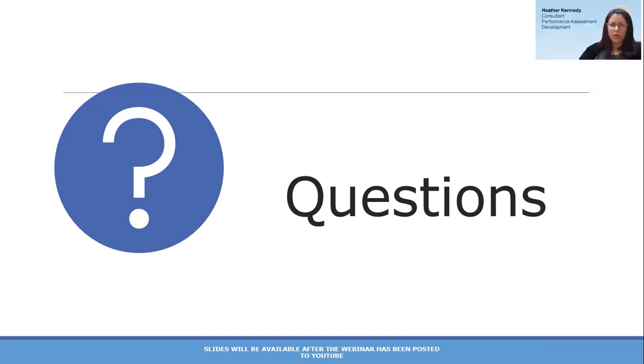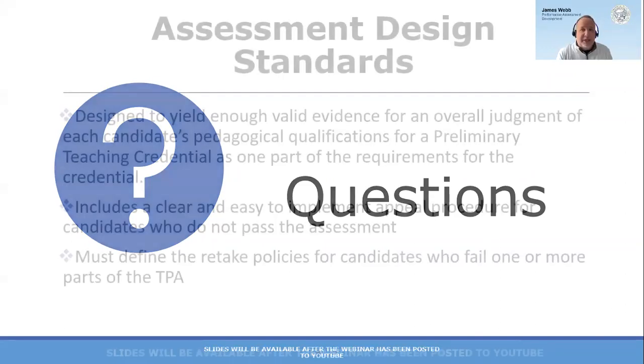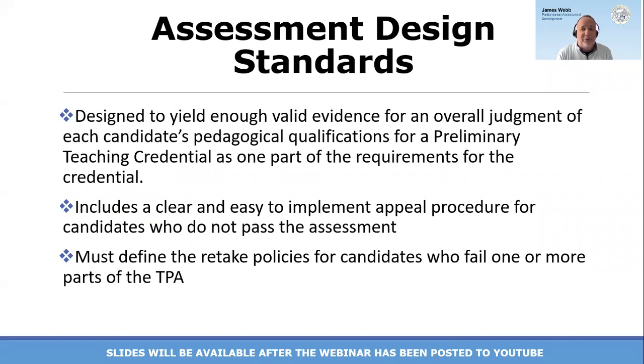Could you talk some more about the appeal process? Absolutely. So in terms of the appeal procedure, there is a set procedure that is established by Evaluation Systems. And remember that Evaluation Systems Group of Pearson is the technical contractor for the Ed Specialist Cal TPA and also the technical contractor for the Ed TPA.